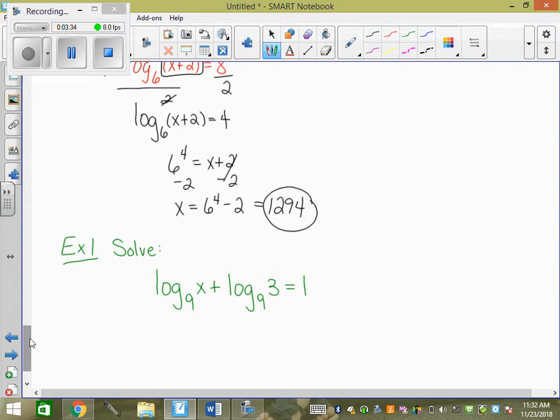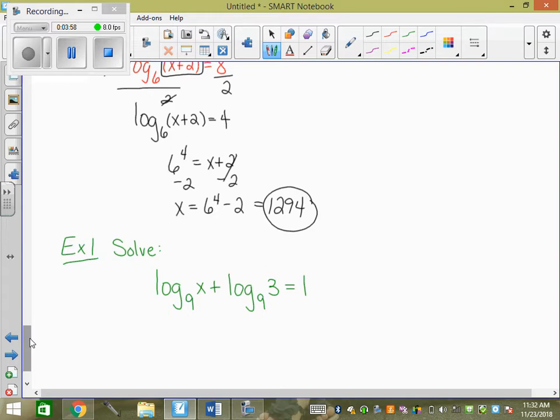What do we do? We can't convert to exponential right now because how many logs are there? 2. And to convert to exponential, we have to have a 1 in front of the log, and there can only be 1. So they're both base 9 though, so what could I do?